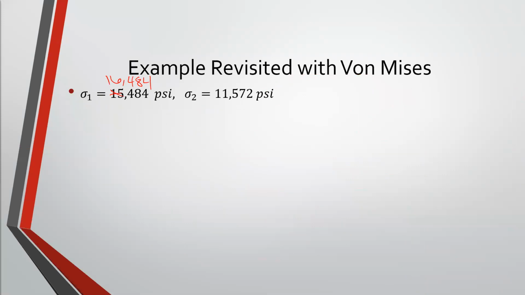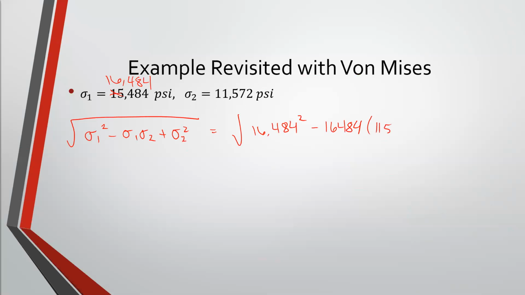But now that we have this, we're going to take the square root of sigma 1 squared minus sigma 1 sigma 2 plus sigma 2 squared. So this is the square root of 16,484 squared minus 16,484 times 11,572 plus 11,572 squared.